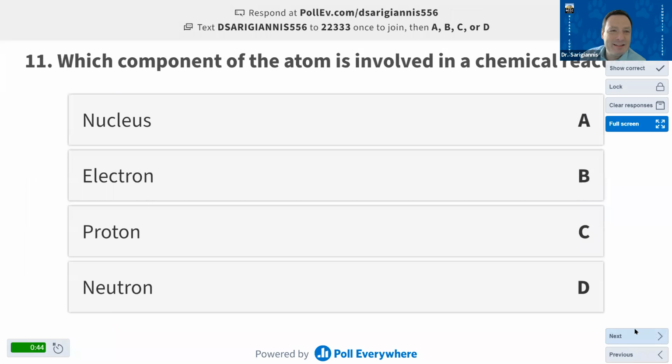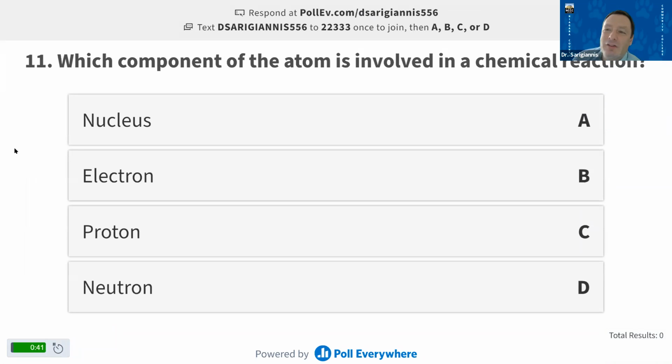All right, next. Which component of the atom is involved in a chemical reaction? Options are pretty straightforward.